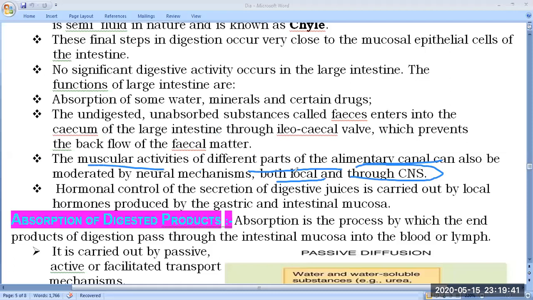Hormonal control, as we know, is through gastrointestinal tract hormones. The hormonal control of secretion of digestive juice is carried out by local hormones produced by the gastric glands, the G cells, which I already told you about, and the intestinal mucosa also secretes hormones.